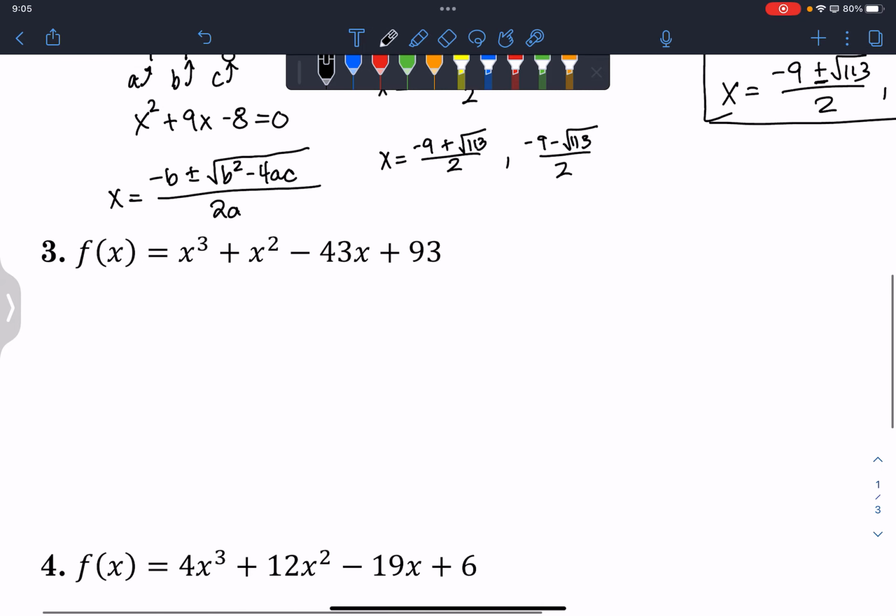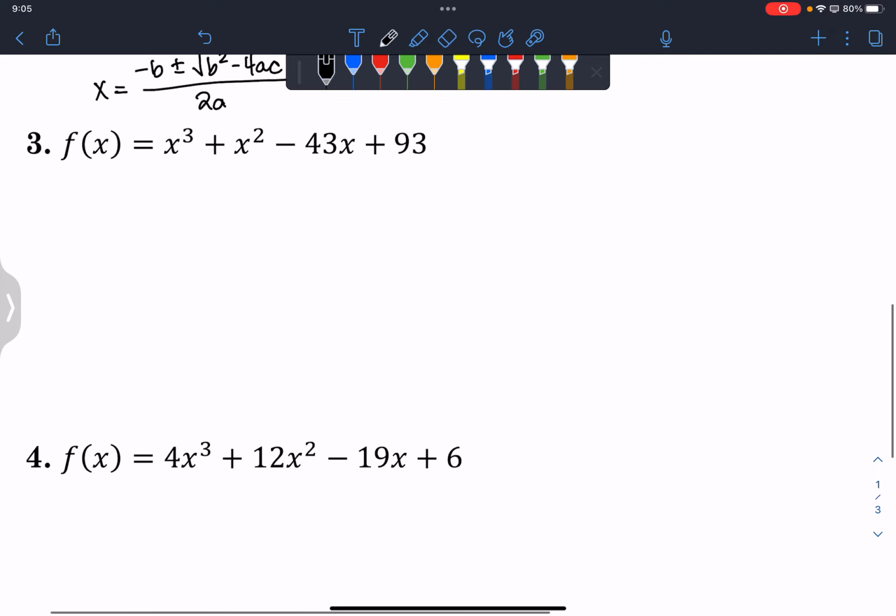All right, so now let's move on to the next example. So right here, again, we have to start by first figuring out what factors we have of 93.